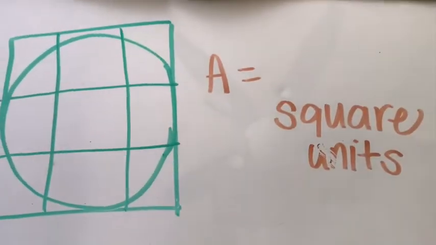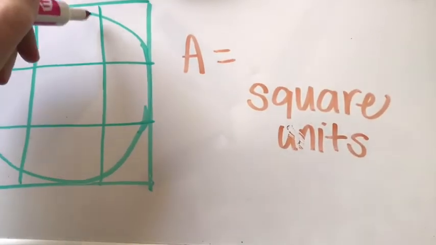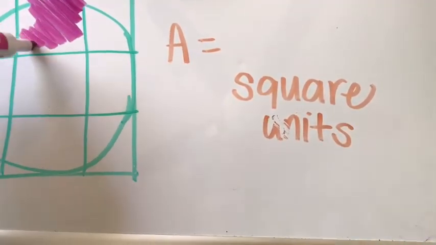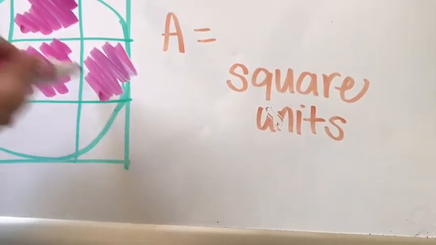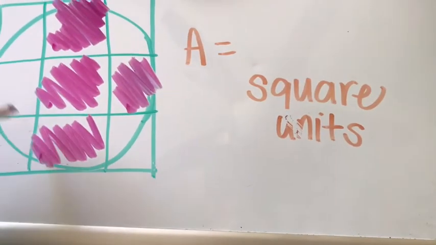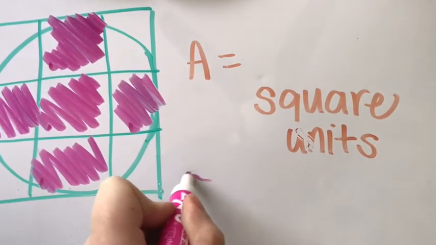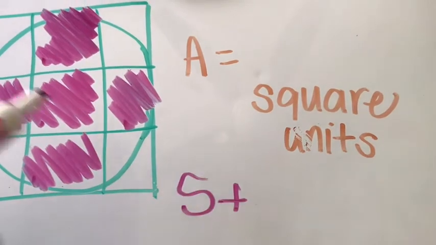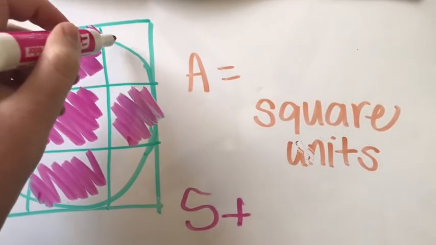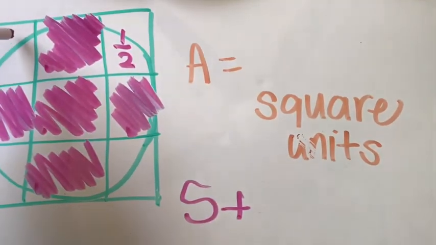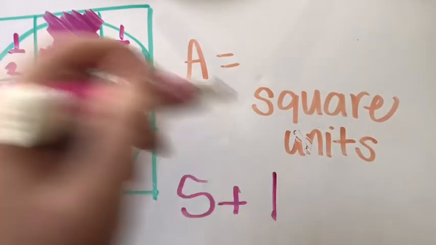So now on my whiteboard, I rewrote the problem just like it is shown. And so I have 1 full box, 2, 3, 4, and 5. So I have 5 complete boxes. But now I just need to add a couple more to find the estimate. So we said that this one was a half, and this one was a half. We know that 2 halves is a whole, so I'm going to add a 1.